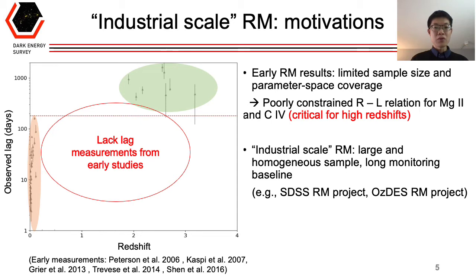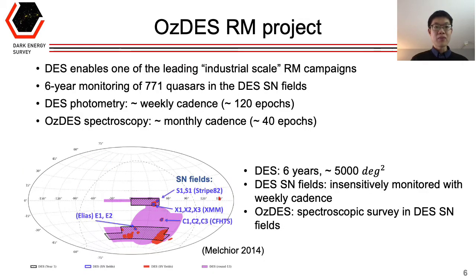There were two large campaigns that started around similar times. One is the Sloan Reverberation Mapping Project based on the Sloan survey, and the other is the OzDES Reverberation Mapping Project based on the Dark Energy Survey.